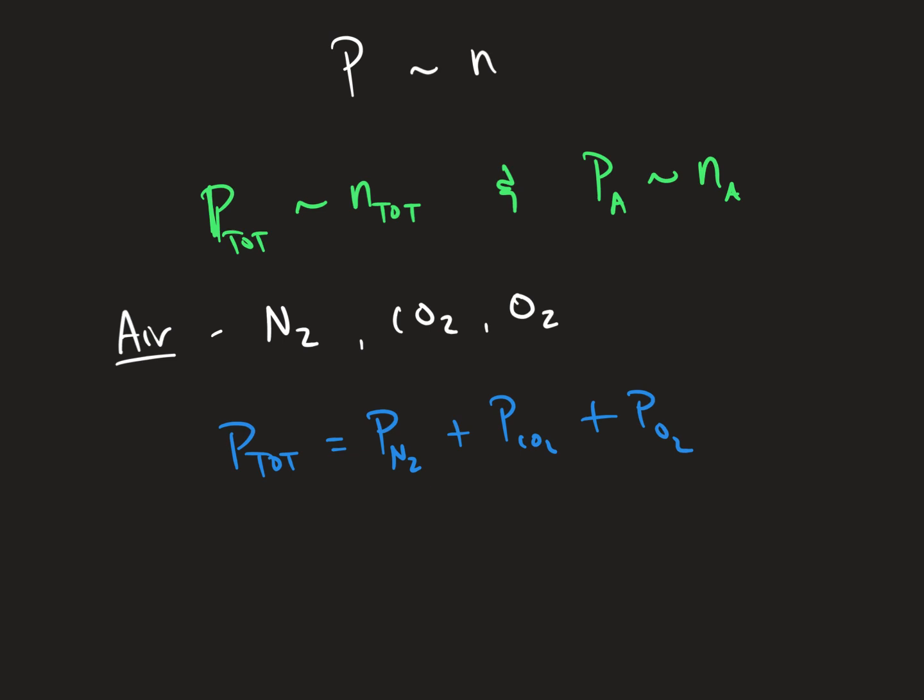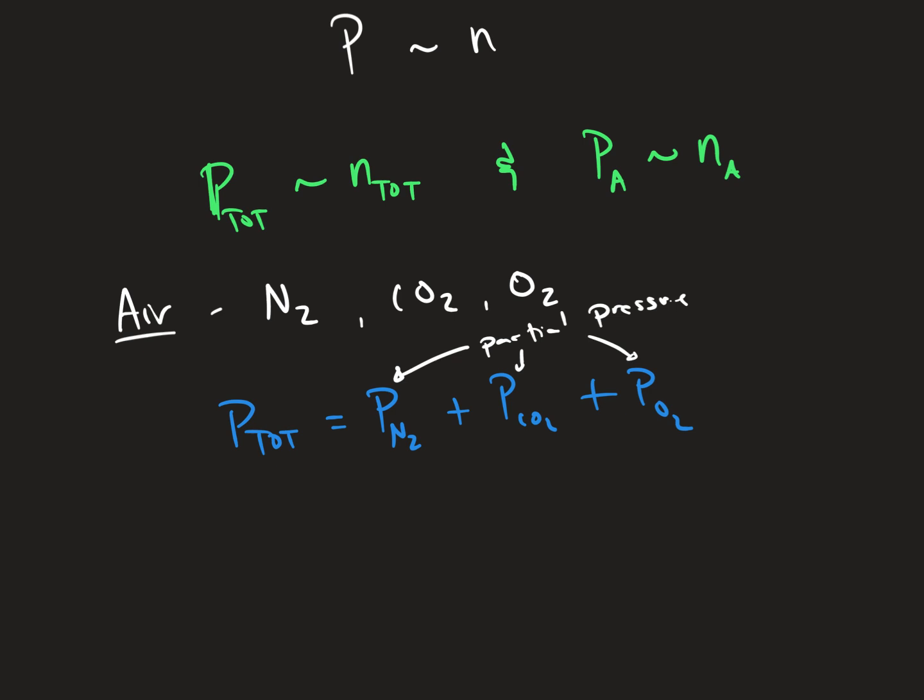So we say each of these is the partial pressure of each of those gases, as that's just part of the total. Are we good? Okay. And we can also say N total is equal to the number of moles of nitrogen plus the number of moles of carbon dioxide plus the number of moles of oxygen gas. Does that make sense?